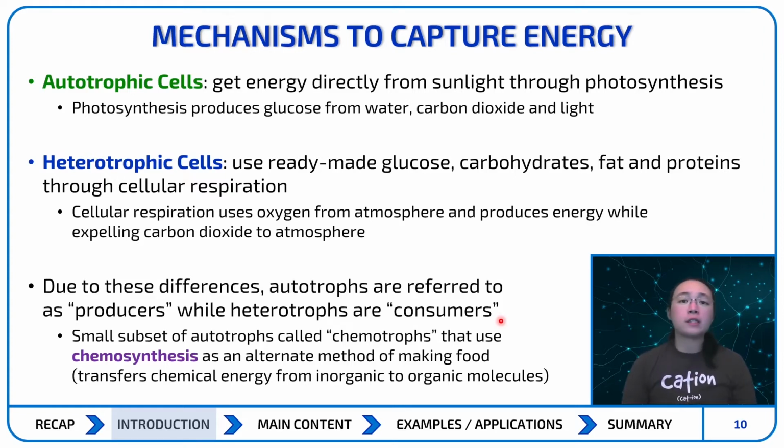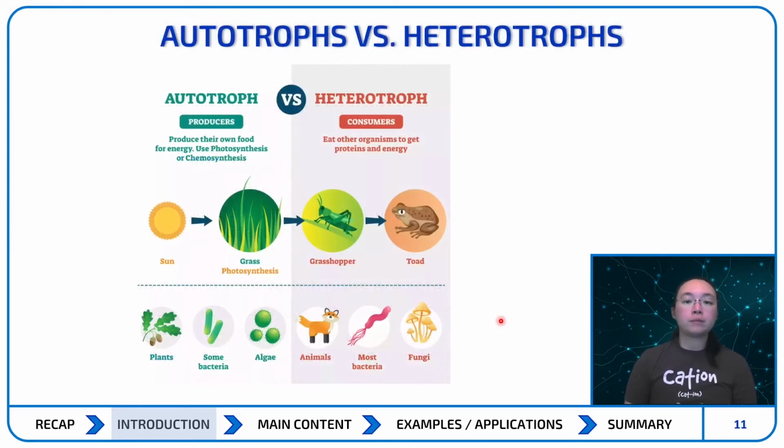So in terms of the process, sunlight is going to go into autotrophs to get converted into sugars, and then heterotrophs are going to consume those in order to get that energy. A small subset of autotrophs are actually called chemotrophs. They use chemosynthesis as an alternative method of making food. So basically it transfers chemical energy from inorganic to organic molecules.